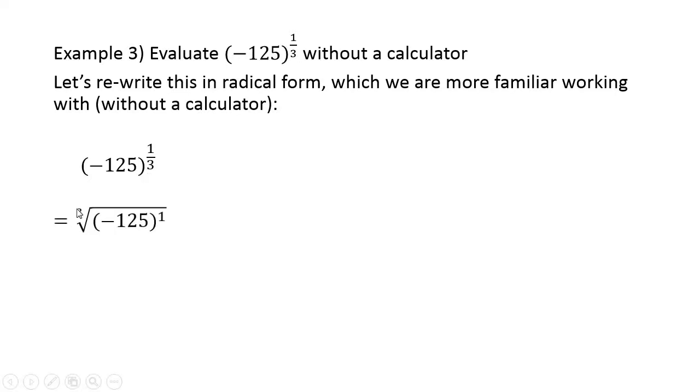That becomes our index. And the 1 stays with the radicand here. And anything to the 1, of course, is just itself. And what is the cube root of negative 125? That would be negative 5. Negative 5 times negative 5 is positive 25, and then positive 25 times negative 5 again is negative 125.